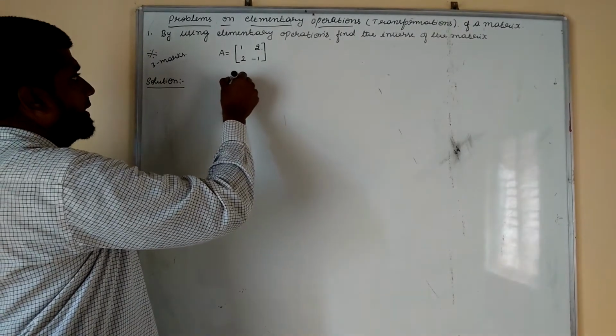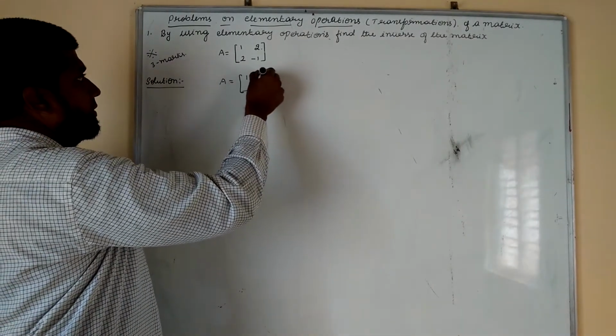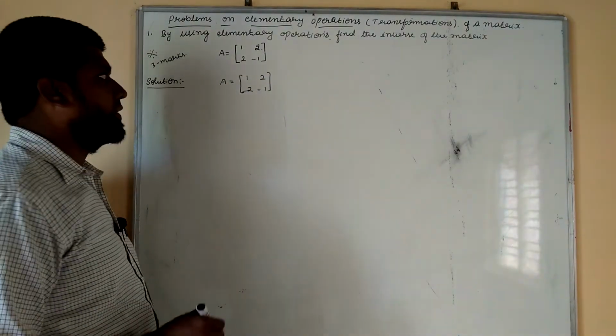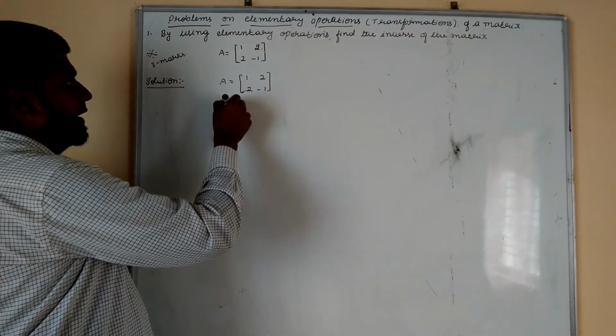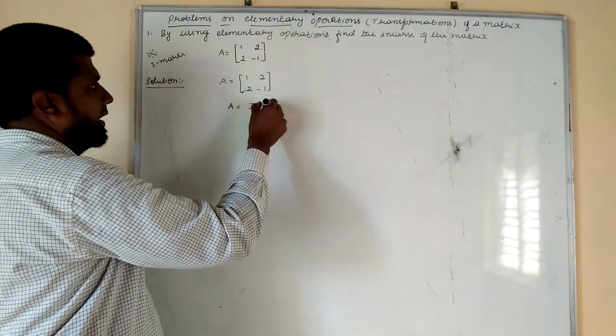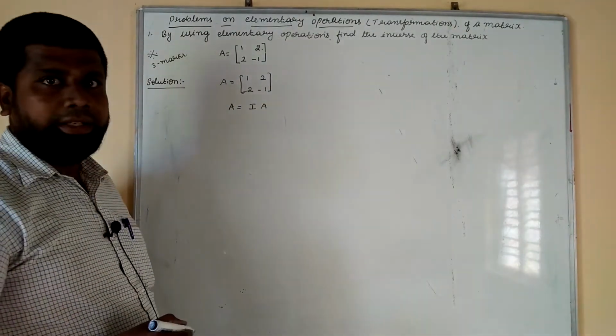A is a matrix of order 2 by 2, and we use elementary operations on rows. So let us take A equal to I into A, where I is the identity matrix.